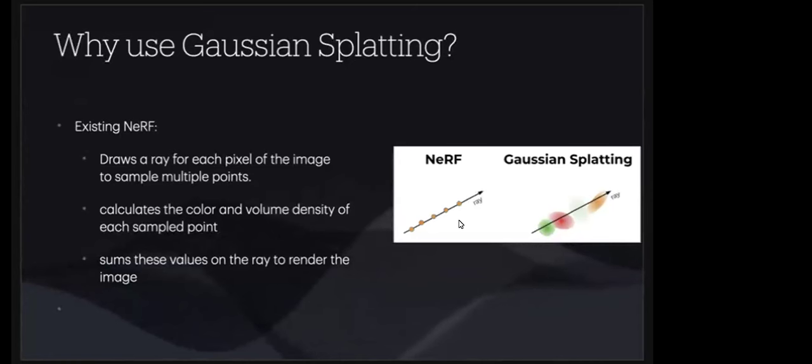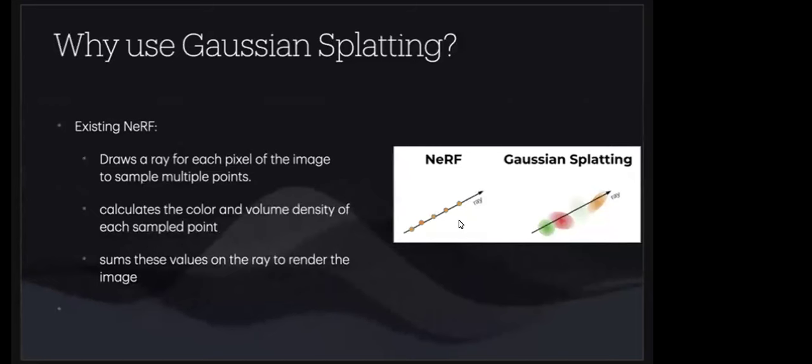Now the problem with NeRF is that it starts from the point where it's actually taking the image, from the source of that object. Because of that, you're basically wasting a lot of compute where it might actually be empty.